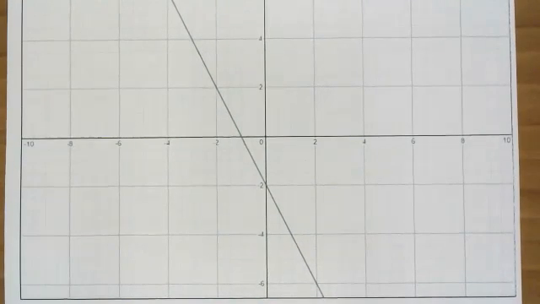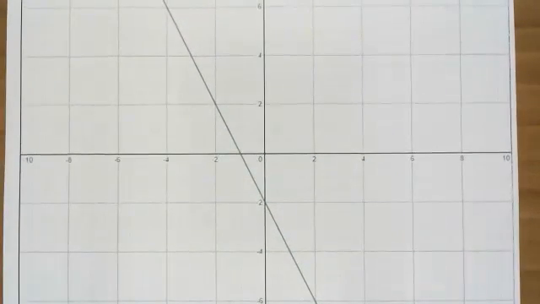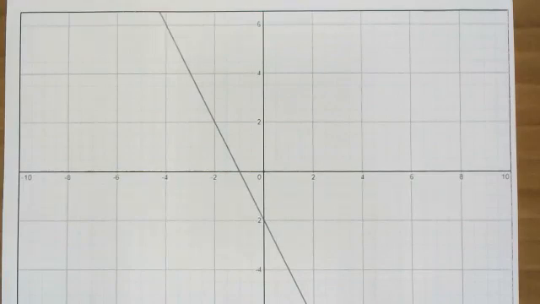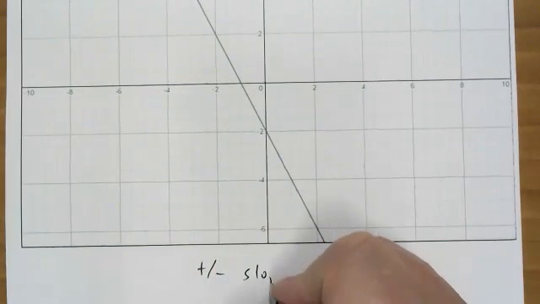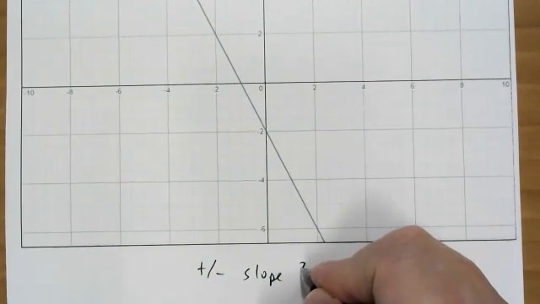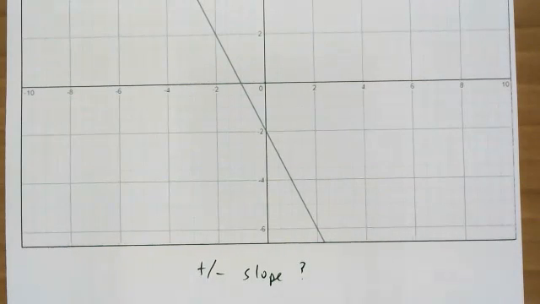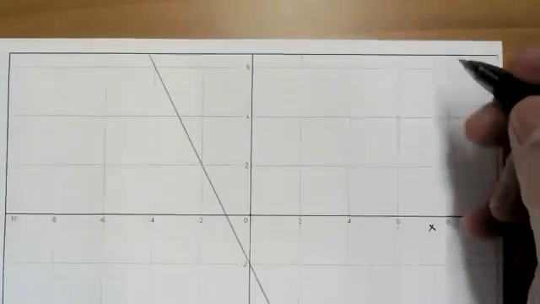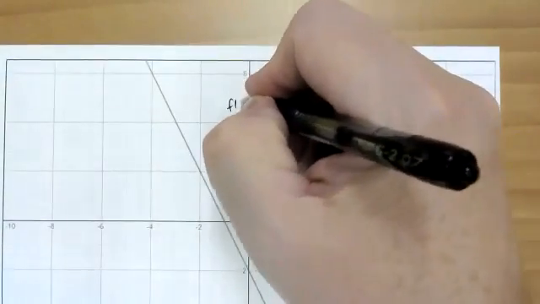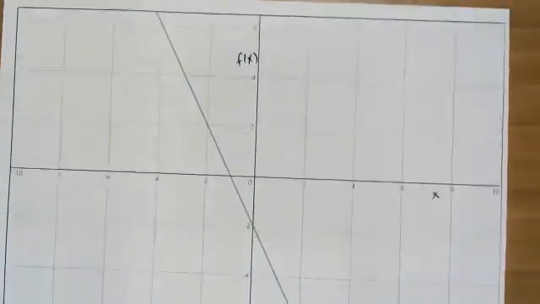This one, how about I say, please give the intervals where the slope is positive and the slope is negative. So here's the horizontal axis. Here's the vertical axis.